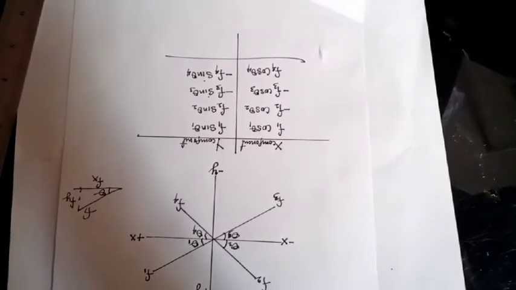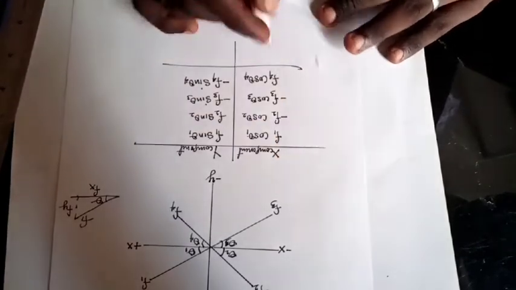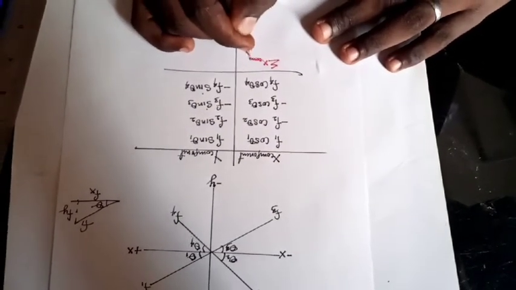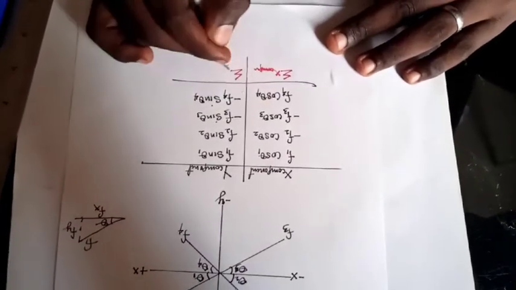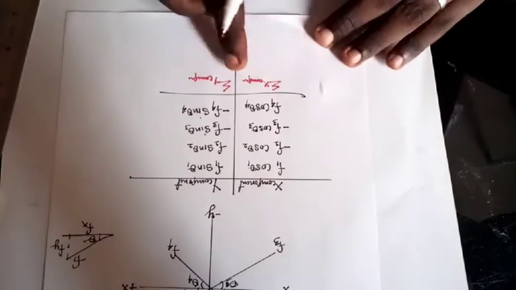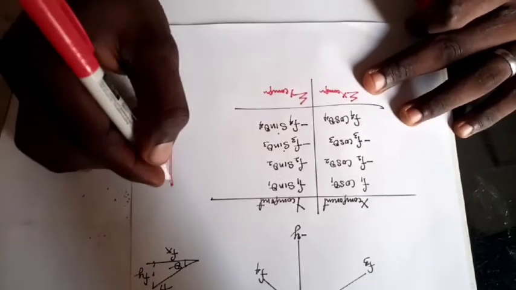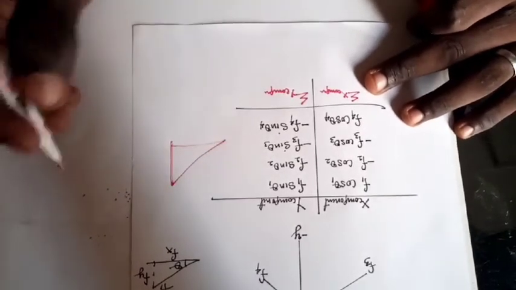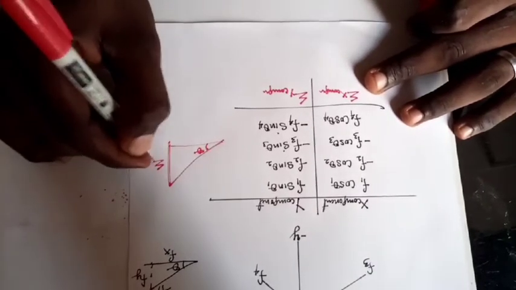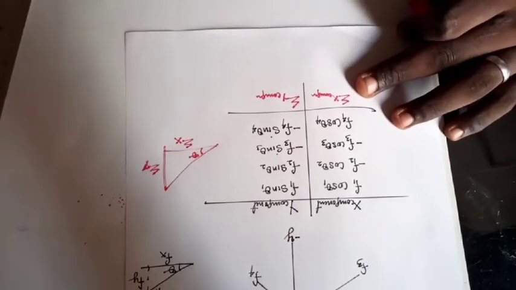Hence, what we need to do now is to take the summation of the x components and the summation of the y components. When we get the summation of the x component, compare it to a right angle triangle. So here will be an angle theta. This side will be the summation of the y-axis, and here will be the summation of the x-axis.